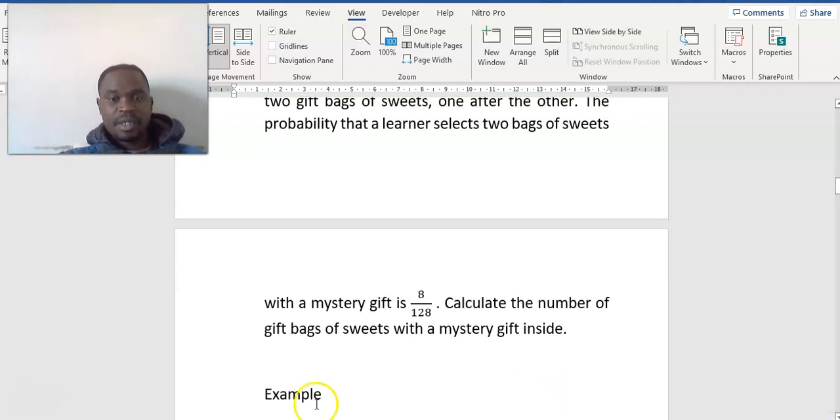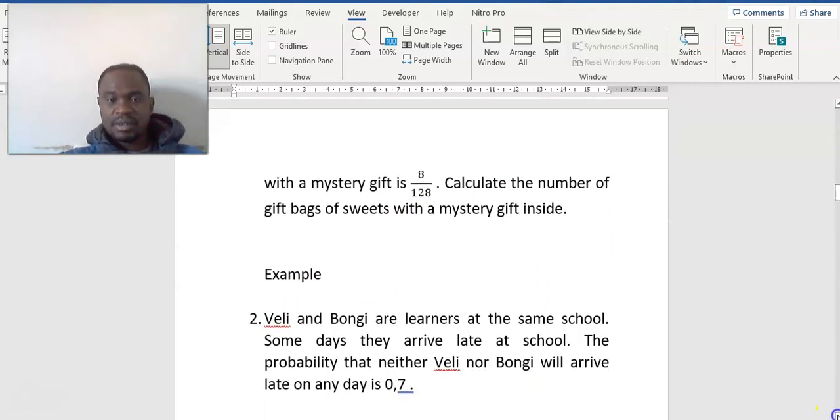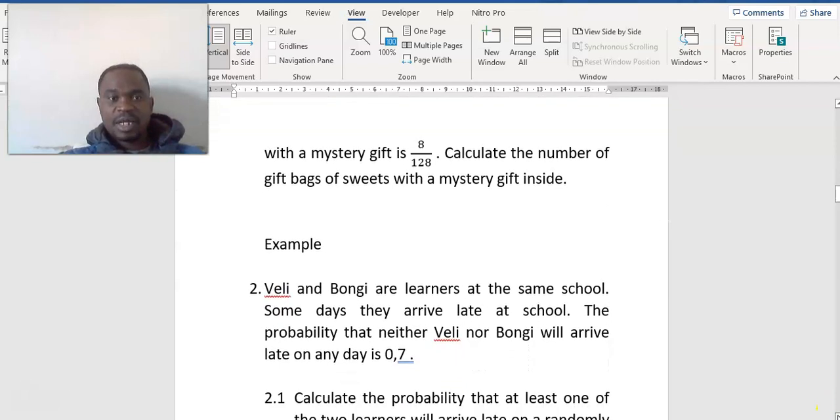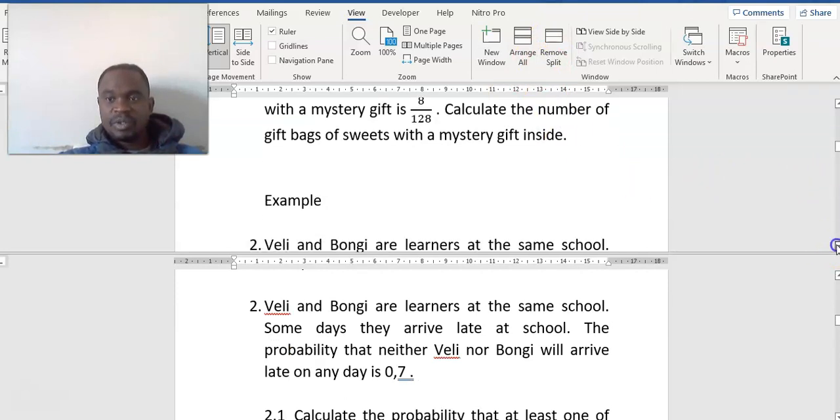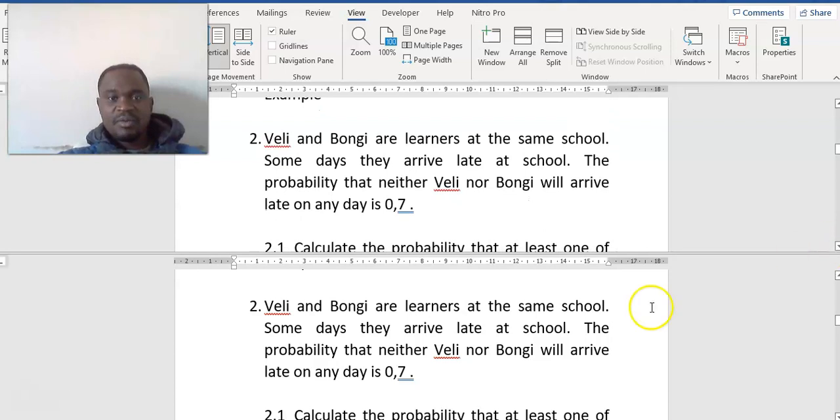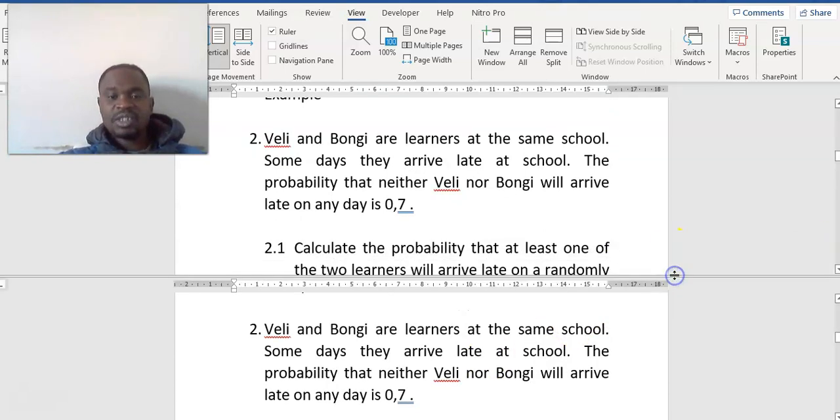Okay, so the next thing that we are going to do is look at this one, which says Valley and Bongani. Valley and Bongani, what have they done?